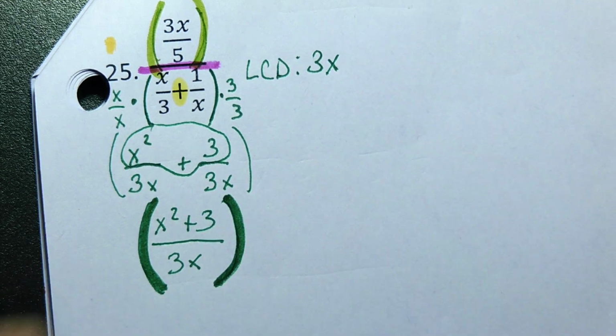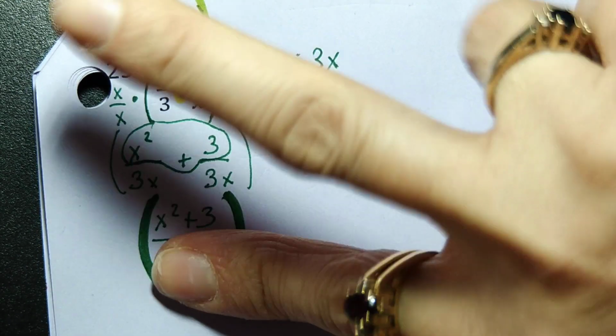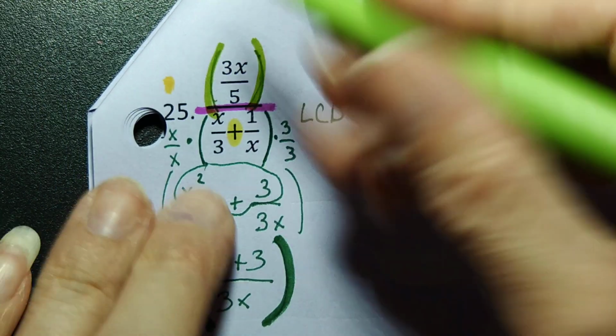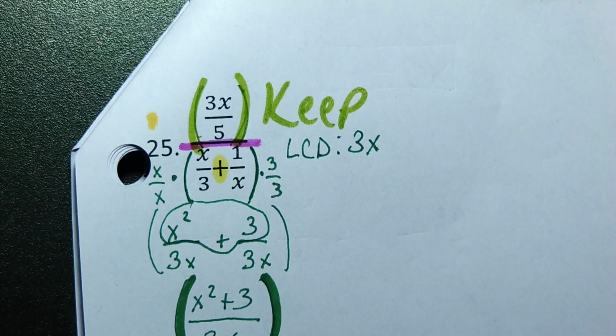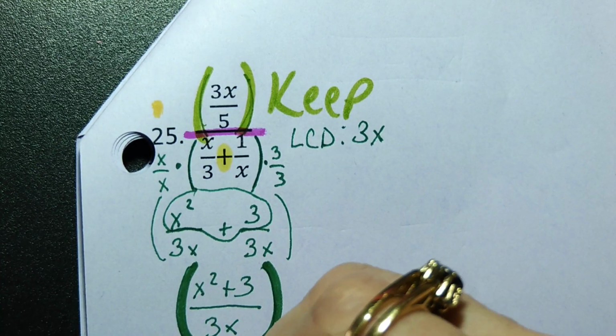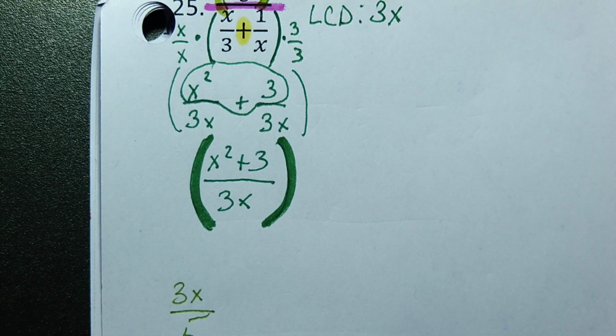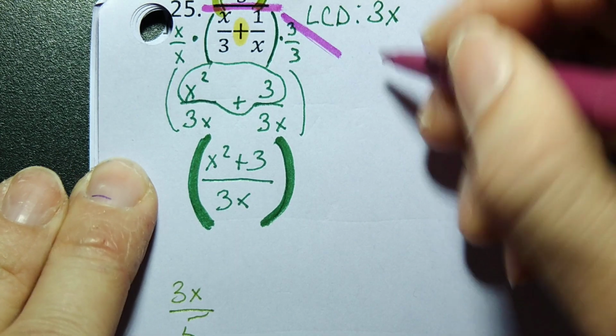This is the point, now that I have just 2 fractions and then the big large one, is I do keep, change, flip. So I'm going to keep the top fraction. So 3x over 5. I am going to change the operation. Instead of dividing, what are we going to do?